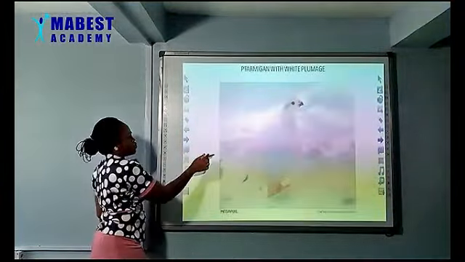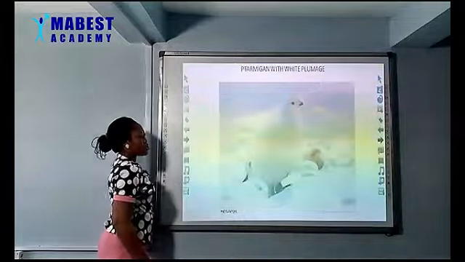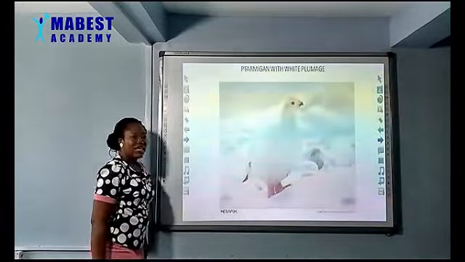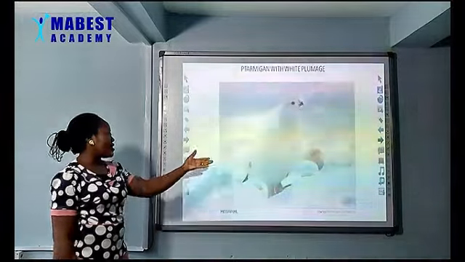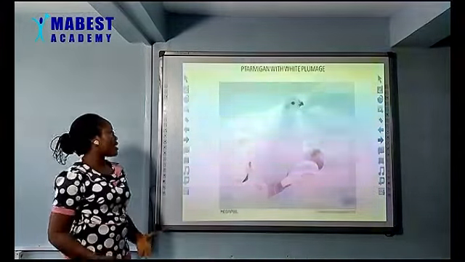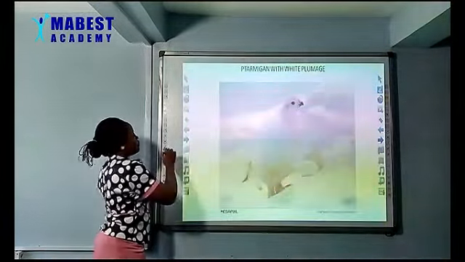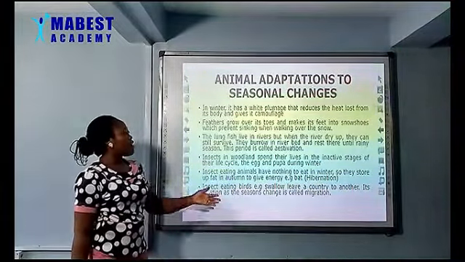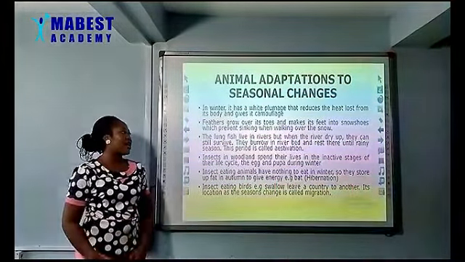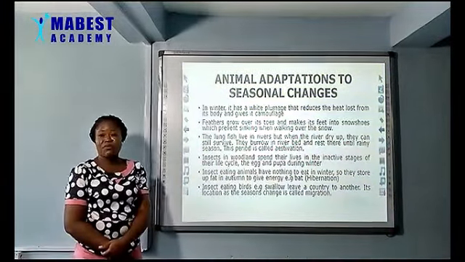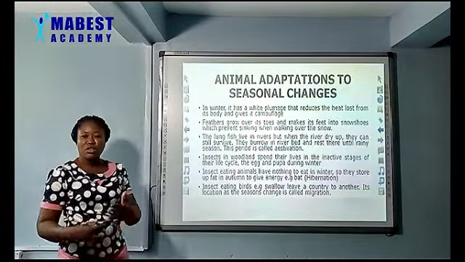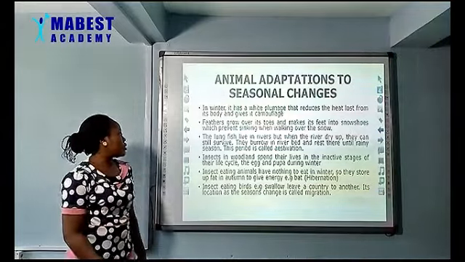You can see the color, so it blends with the environment in which they find themselves. So even when they are there, they can easily catch their prey. We also have some of them, they grow feathers on their legs, on their feet, and it prevents them from sinking when walking over the snow.